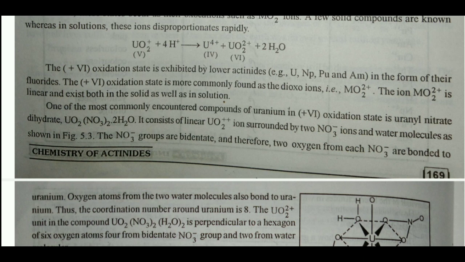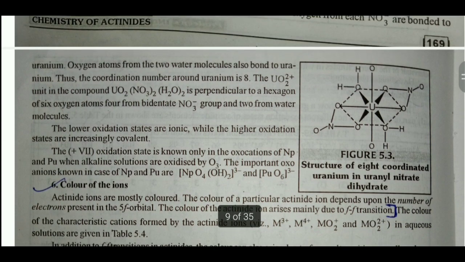One of the most commonly encountered compounds of uranium in +6 oxidation state is uranyl nitrate dihydrate, UO2(NO3)2·2H2O. It consists of linear UO2 2+ ion surrounded by two NO3- ions and water molecules, as shown in figure 5.3. The NO3- groups are bidentate, and therefore two oxygens from each NO3- are bonded to uranium.